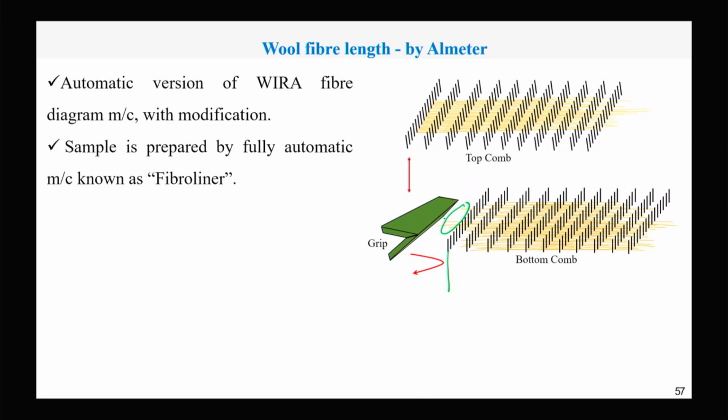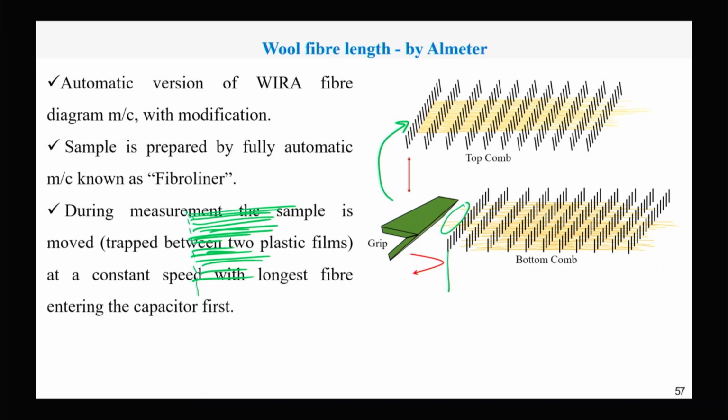So always it is gripping the end point and arranging the fiber in the top comb, and this fiber fringe will be just like this, with the end point there. This fiber fringe is then clipped by two plastic sheets and subsequently placed on the measuring unit.